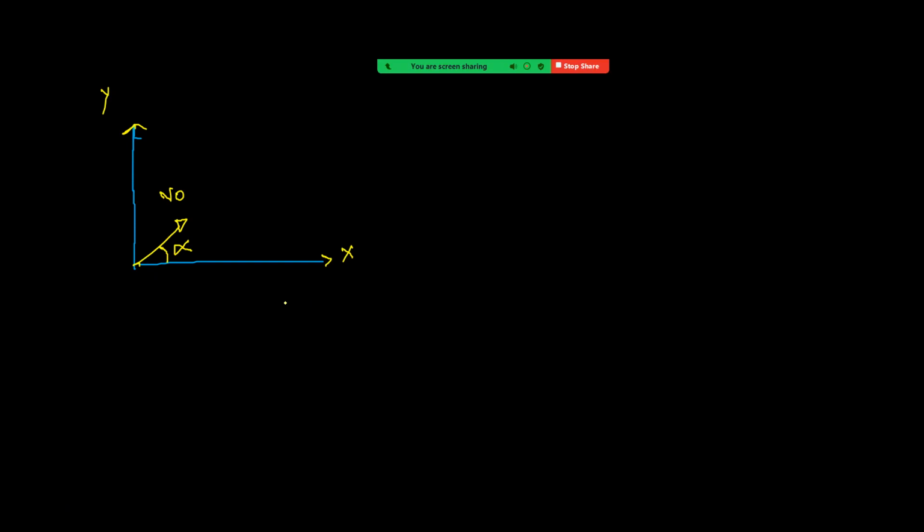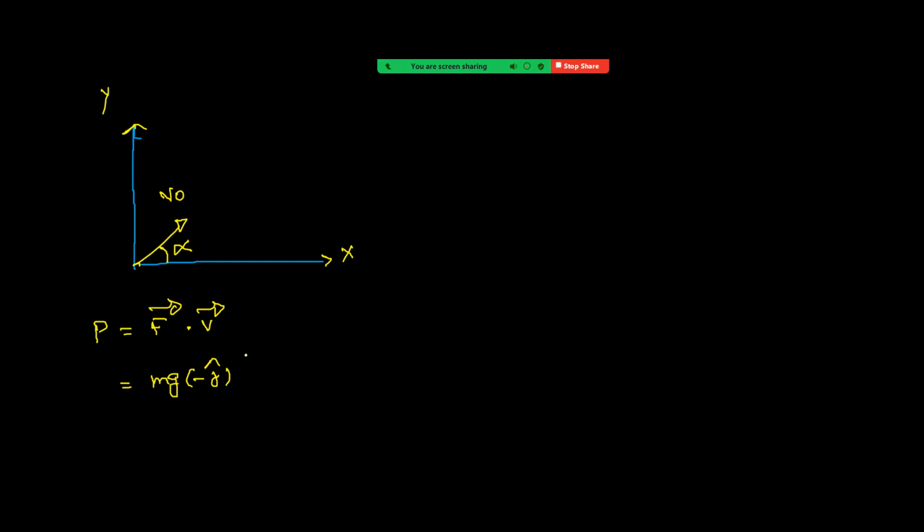Now see the power developed by the gravitational force. Power is equal to F bar dot V bar. Here the gravitational force is mg downwards, so mg in the direction minus j cap, because we have taken vertically up as the positive y-axis.